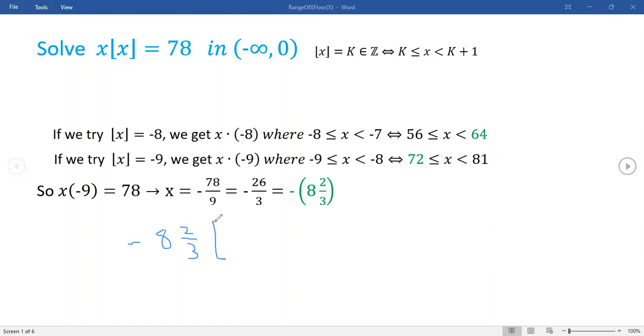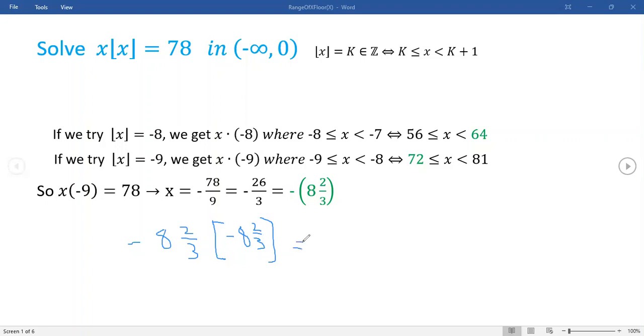Y'all, we're checking the answer, right? Are you comfortable? What I'm doing here is something a lot of teachers are the worst in the world about, checking their own work. But again, y'all, I just took this alleged solution and I'm plugging it in here and here, right?